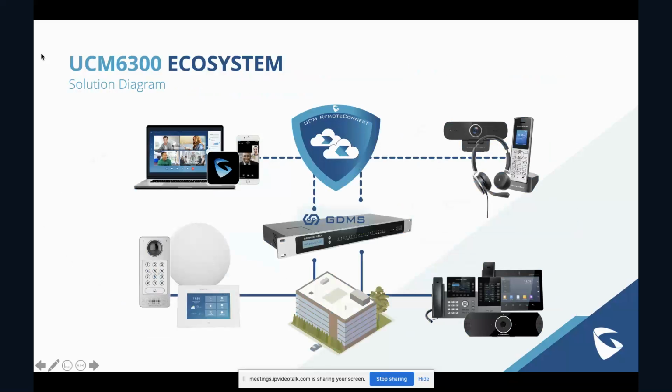So here's a little bit of a diagram, a little bit more visual example of really what this whole ecosystem offers. Again, it allows a business using a UCM to support both on-site and remote workers and have a tremendous amount of flexibility within that.